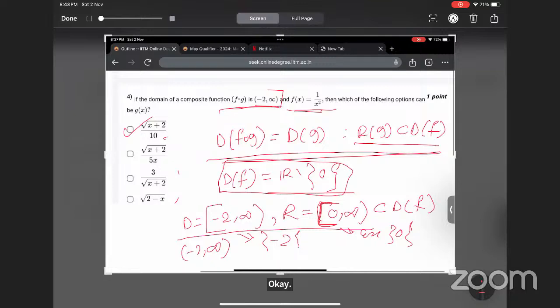So we have to just exclude the point from the range of G. If we want to exclude one point from the range, then we need to exclude the pre-image of the point from the domain, right? If there is no pre-image for the function in the domain, then we will not get that particular point in the range. Really, we are restricting the domain. Becomes open bracket -2 to infinity.